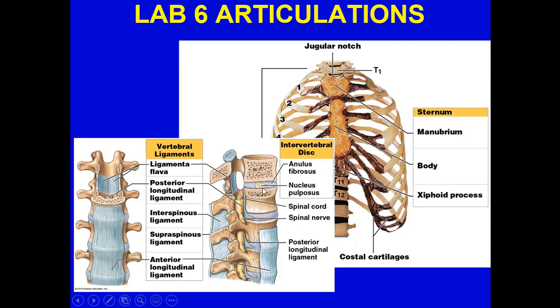And held between them are these intervertebral discs, consisting of the tough outer material, the annulus fibrosus, and then this kind of tough but at the same time somewhat fluid-like nucleus pulposus here. Okay.